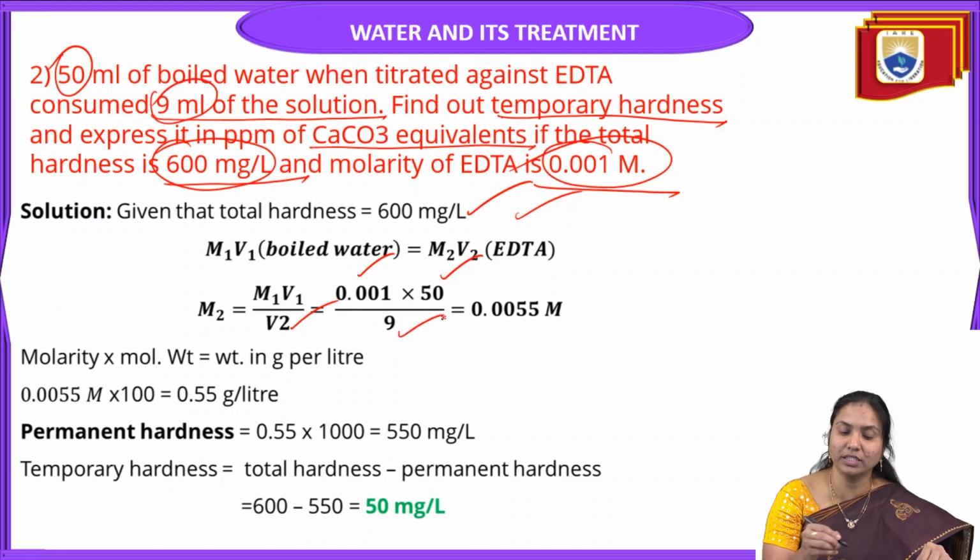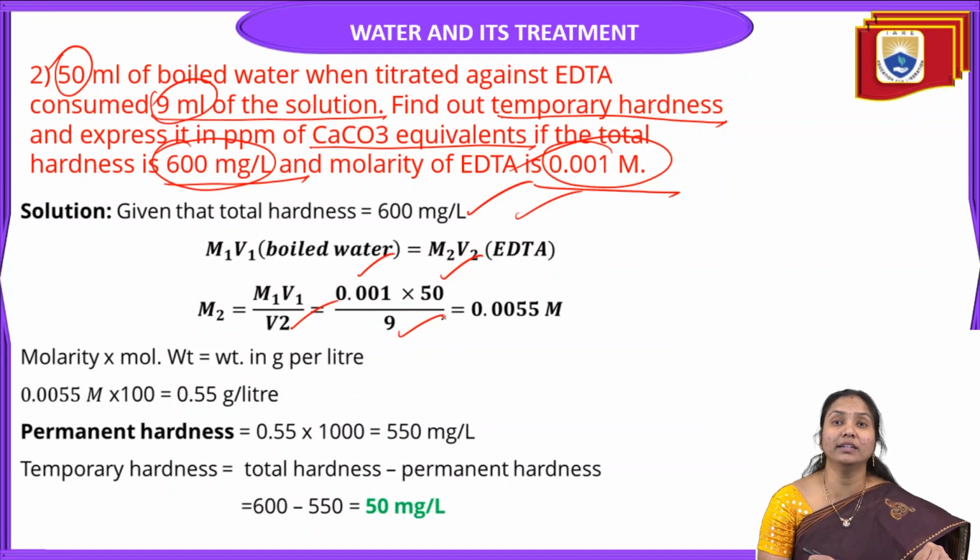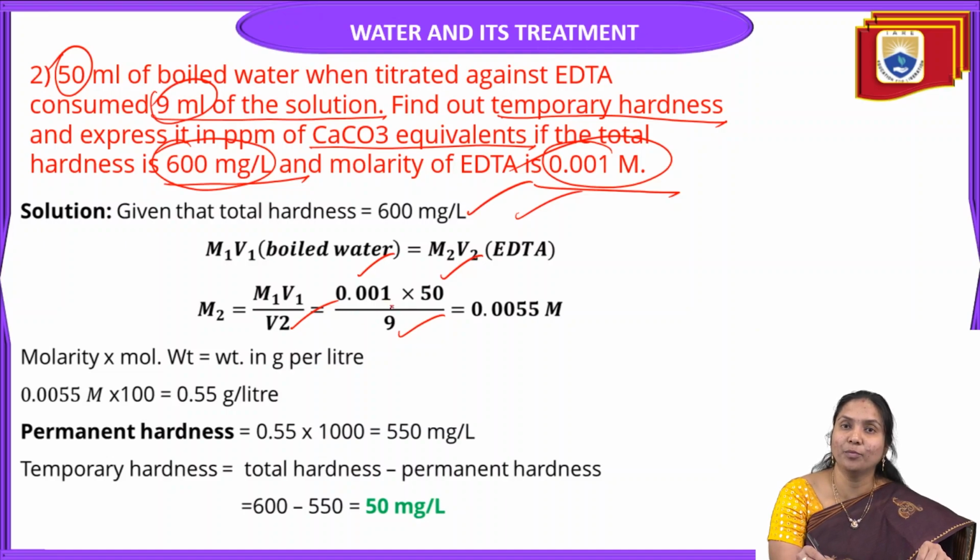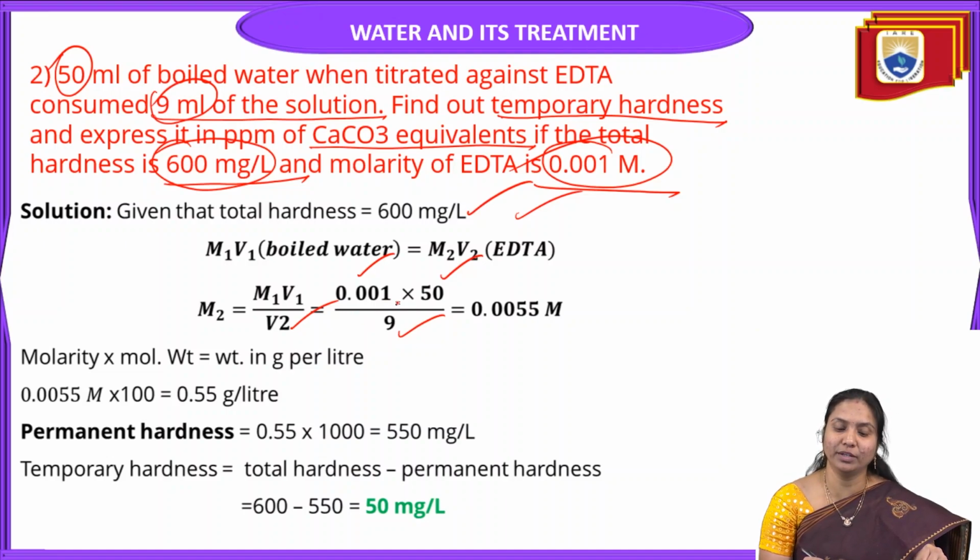So we can substitute in this formula and calculate the M2 value. M2 means the molarity of EDTA. So M2 equals M1V1 by V2, which is 0.001 into 50 by 9.